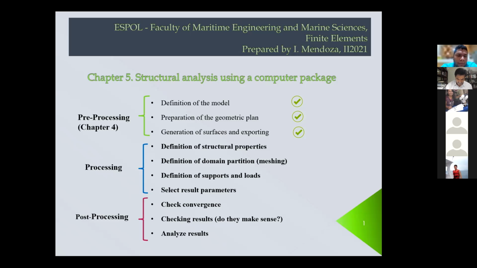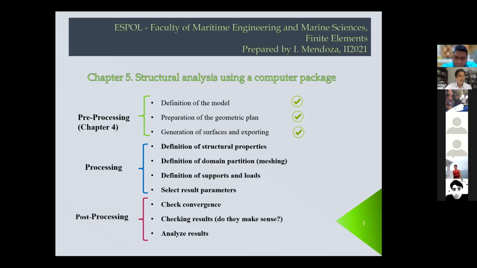And finally, it's very important, the post-processing part. You have to check convergence, which is related to the mesh, and then check the result, if this result makes sense, and then you have to analyze whether this structure fails or not, and so on.